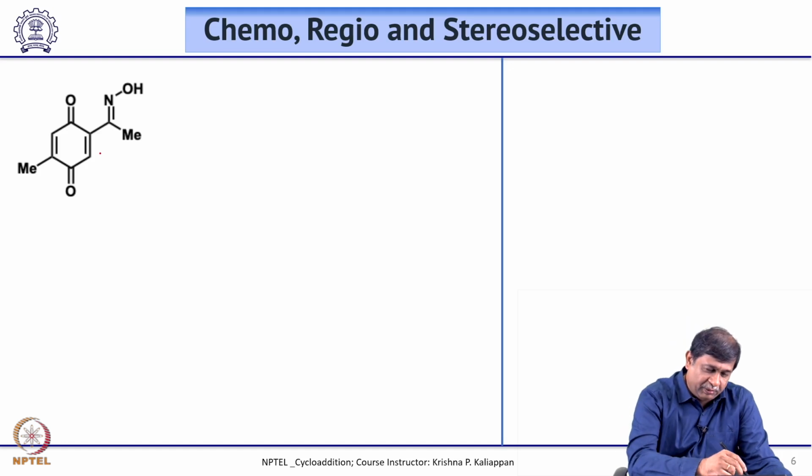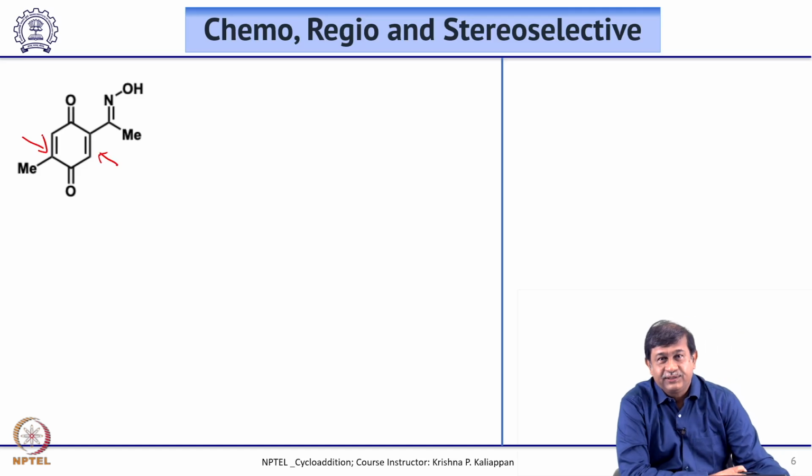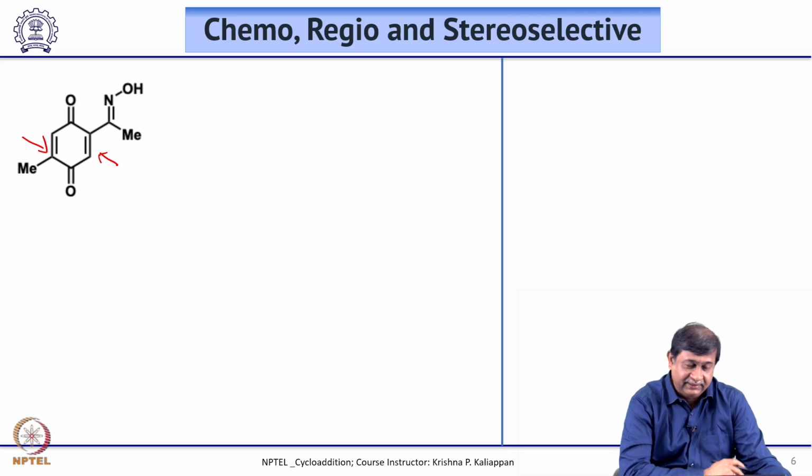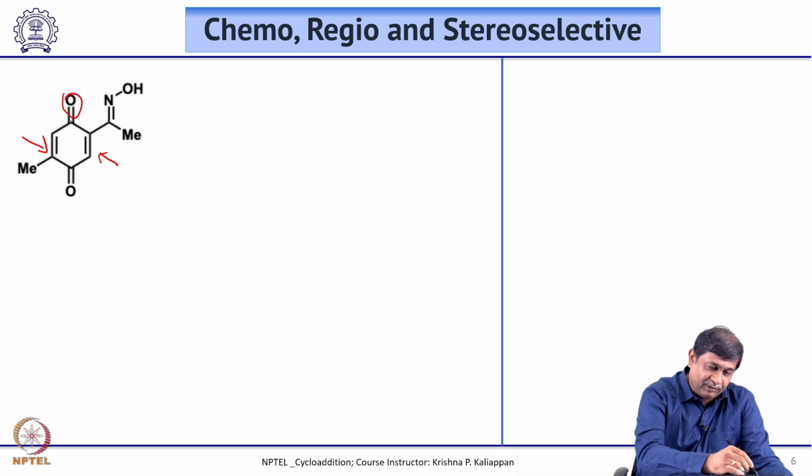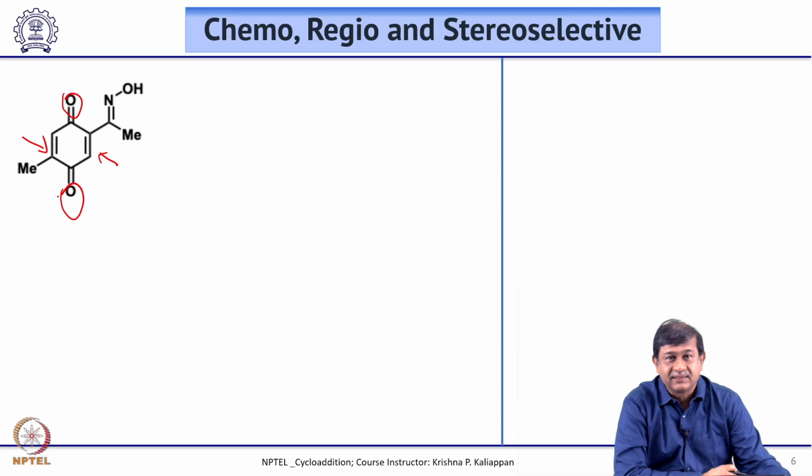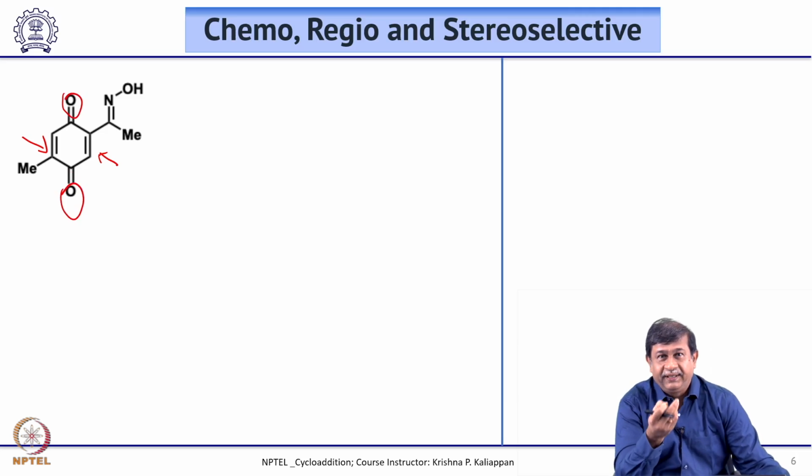So there are two double bonds, this and this. Between these two, which double bond will undergo Diels-Alder reaction? So that is chemoselectivity. Second, you have two carbonyl groups, this and this. Which one will play as the electron deficient group? Accordingly, the regioselectivity will come. Then the third one, that is stereoselectivity, that is mainly the endo product.